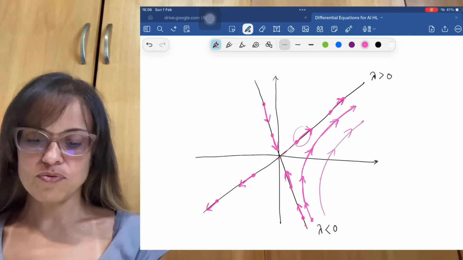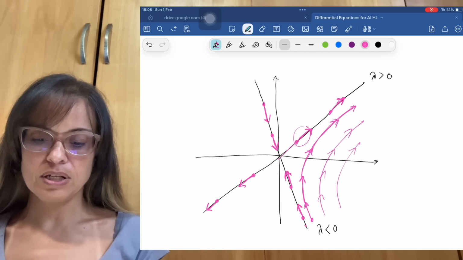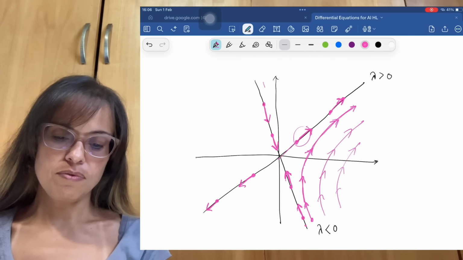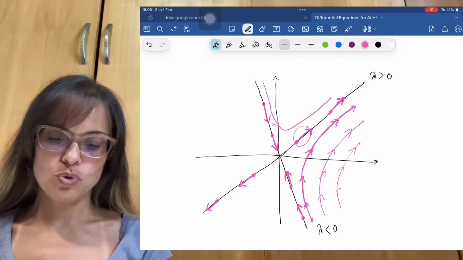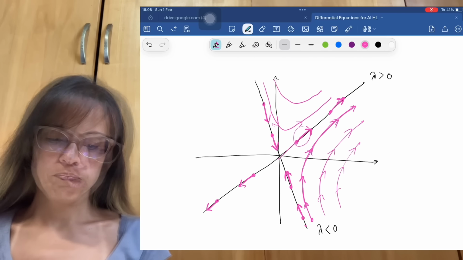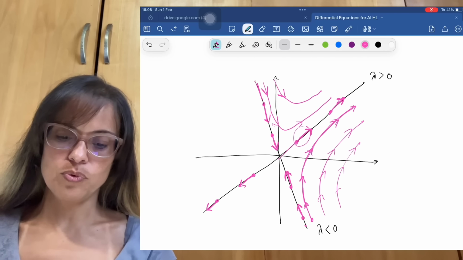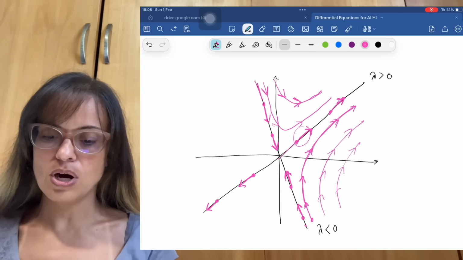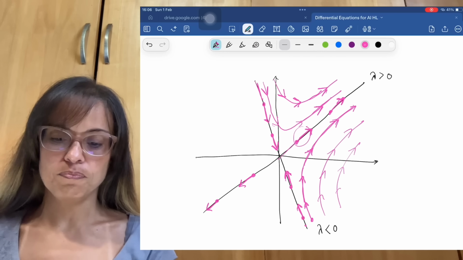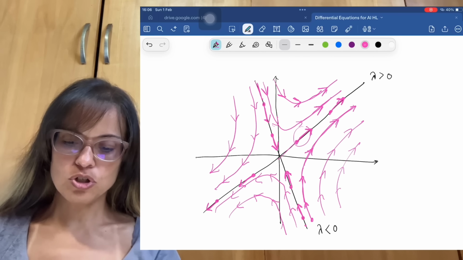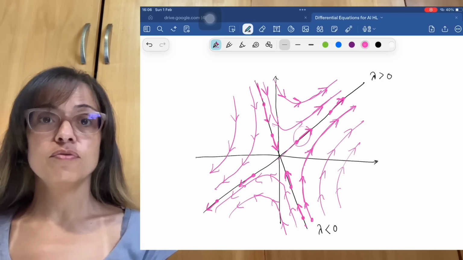So everybody over here would be doing something like this. And in this other quadrant, it would be doing this. We start by following this one, and then we gradually turn around and follow more in the direction of the other eigenvector. So the complete picture would look something like this for this case.